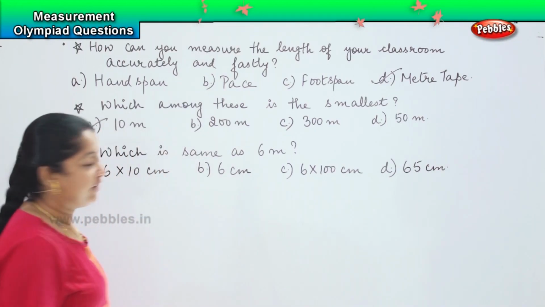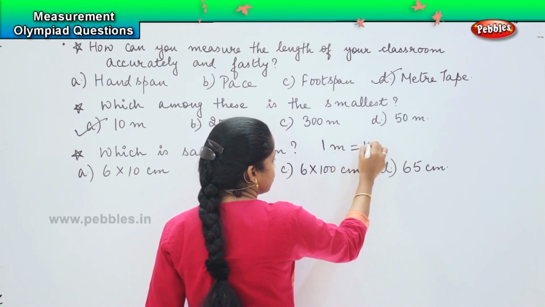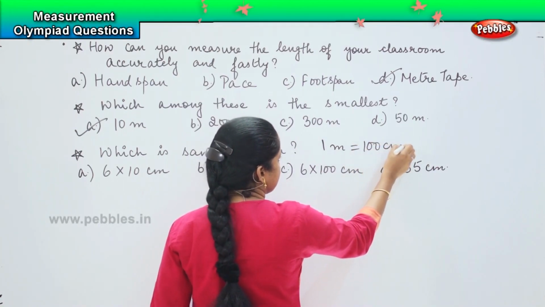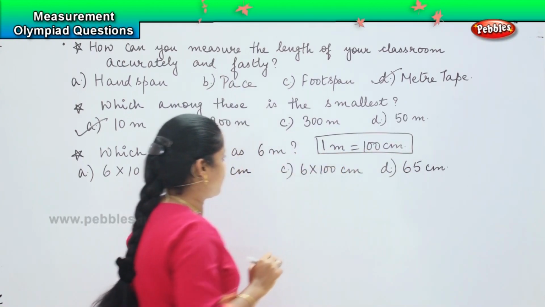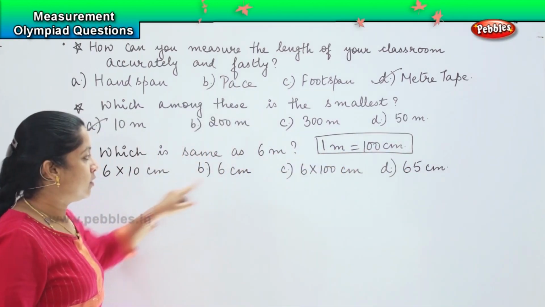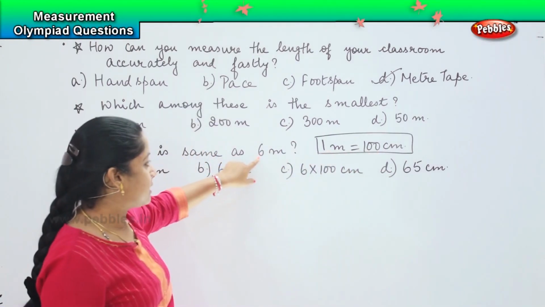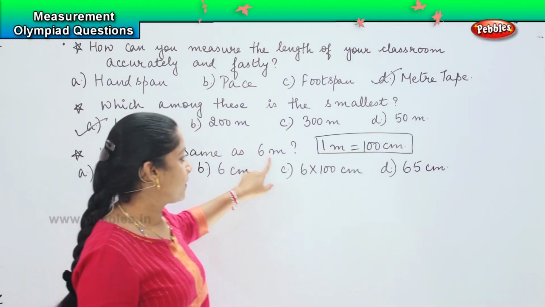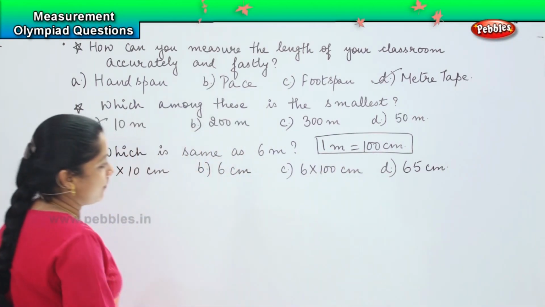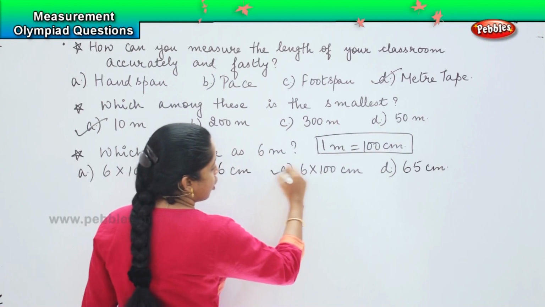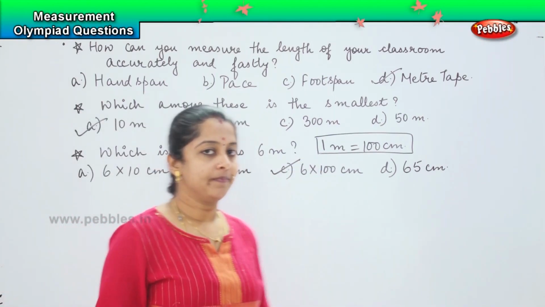So we have learned that 1 meter is equal to 100 centimeter, right? So keeping this formula in mind, can we do the sum? If 1 meter is equal to 100 centimeter, 6 meter should be equal to 6 into 100, which is 600 centimeter, right? So the right option will be option C. Okay, shall we move further?